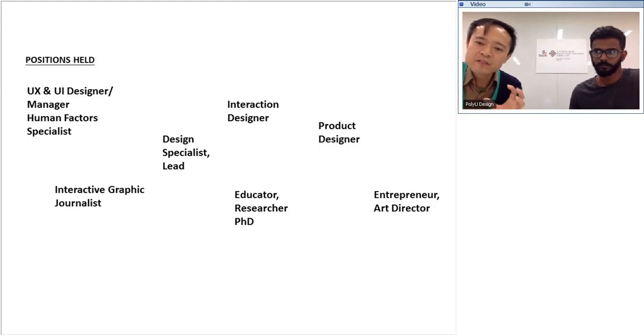Once students master this system thinking, they can make use of many available tools in the market to create digital interactive prototypes, together with some electronics.